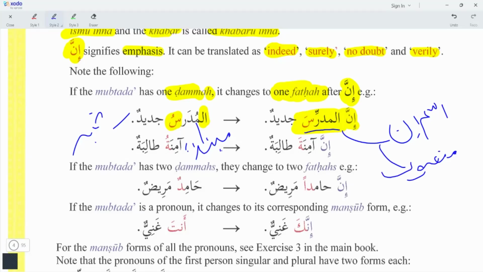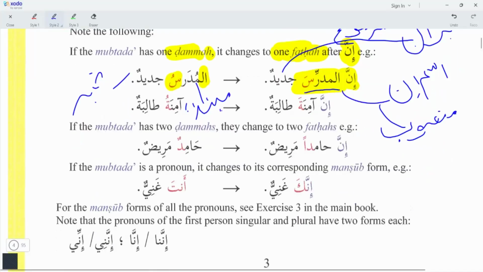And jadidun is khabru inna, and khabru inna is always marfu. So this inna changes the mubtada or ism into mansub, and it has no effect on the khabar. Khabar will remain the same.